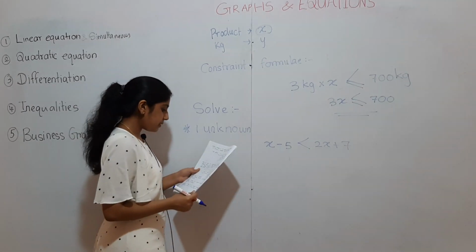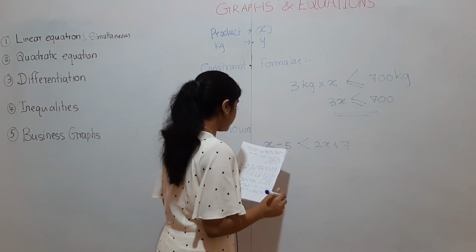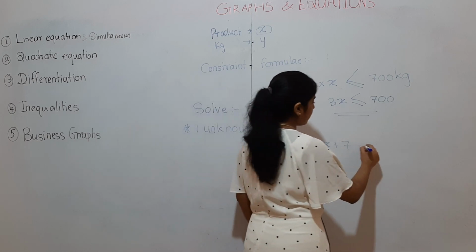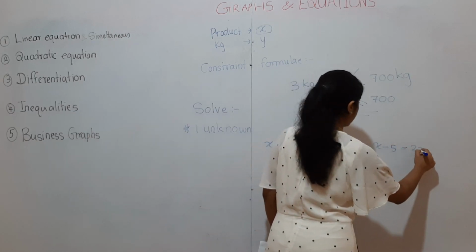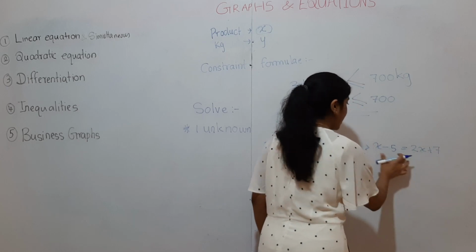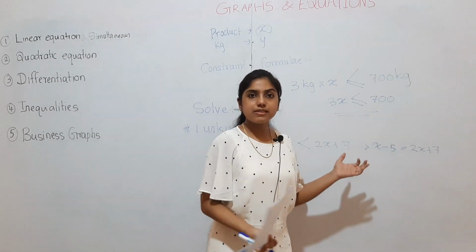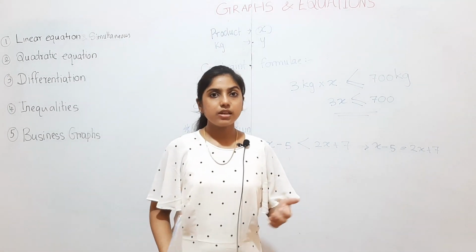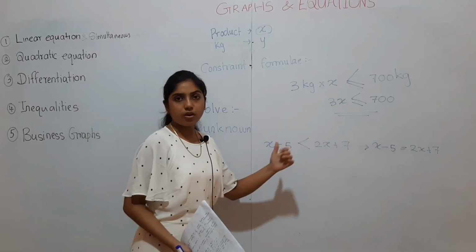I'll explain one. The first thing is, you can imagine this inequality like x minus 5 equal to 2x plus 7. And as usual, we have to use the opposite sign rule to solve for x.